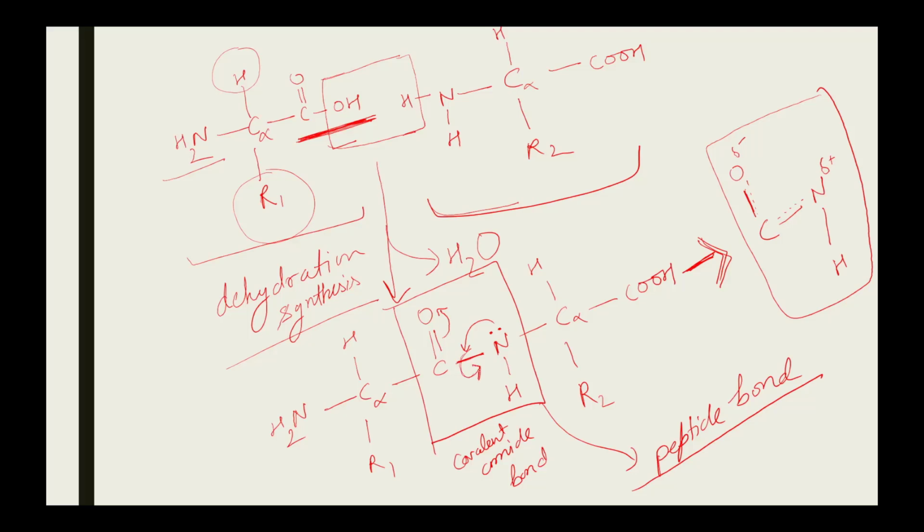As long as it would be a single bond, the movement would be much easier around the bond. But because this peptide bond is no longer a single bond, it becomes a partial double bond. That's why the movement of atoms around this partial double bond becomes restricted.